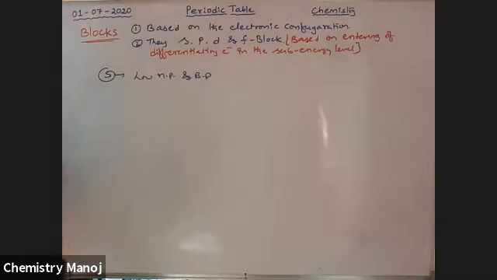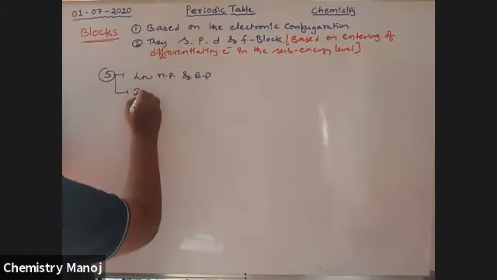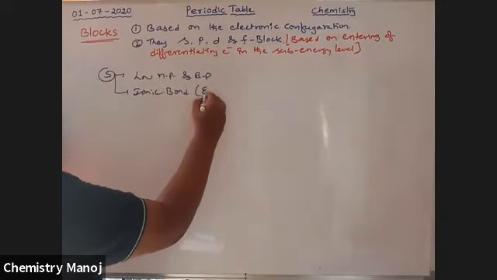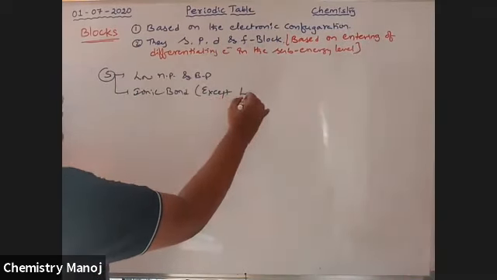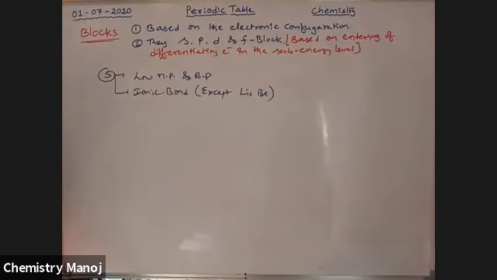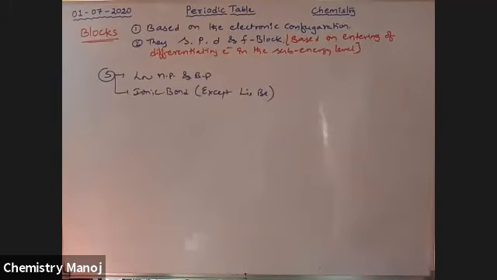Next, they form ionic bonds, mostly, except lithium and beryllium. Except lithium and beryllium, the other elements can form ionic bonds, and they can form ionic compounds. Compounds having ionic bonds are called ionic compounds.